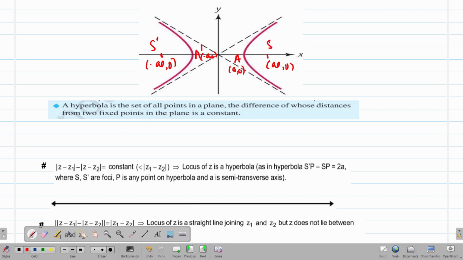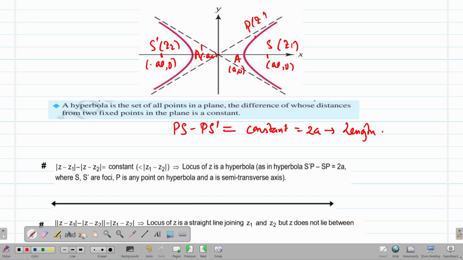Now suppose P is the moving point z, S is z1 and S' is z2. Then according to this definition, the difference of whose distances from two fixed points, that is PS minus PS', is always constant, and here this constant is again 2a, the length of the transverse axis.